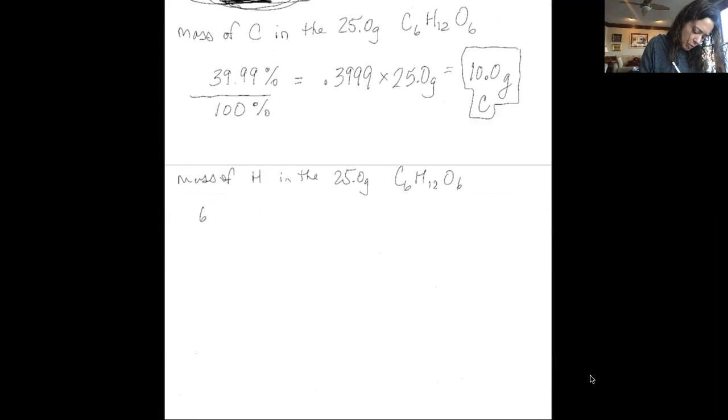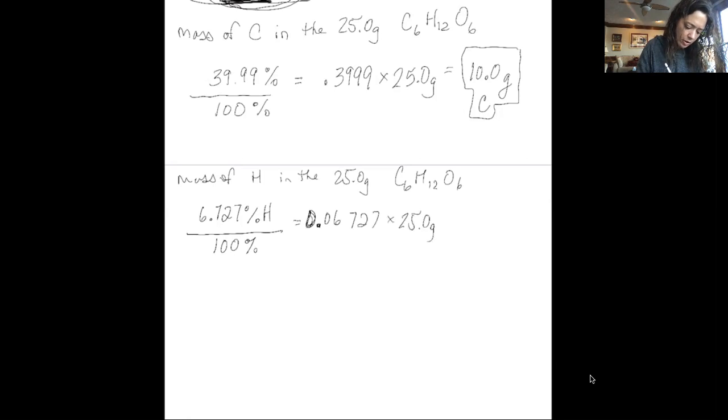So 6.727% hydrogen divided by 100% equals 0.06727. All right, and then we multiply that by the 25 grams, and what we get there is a very small number, 0.06727 times 25 equals, and with sig figs at 3, that gives us 1.68.